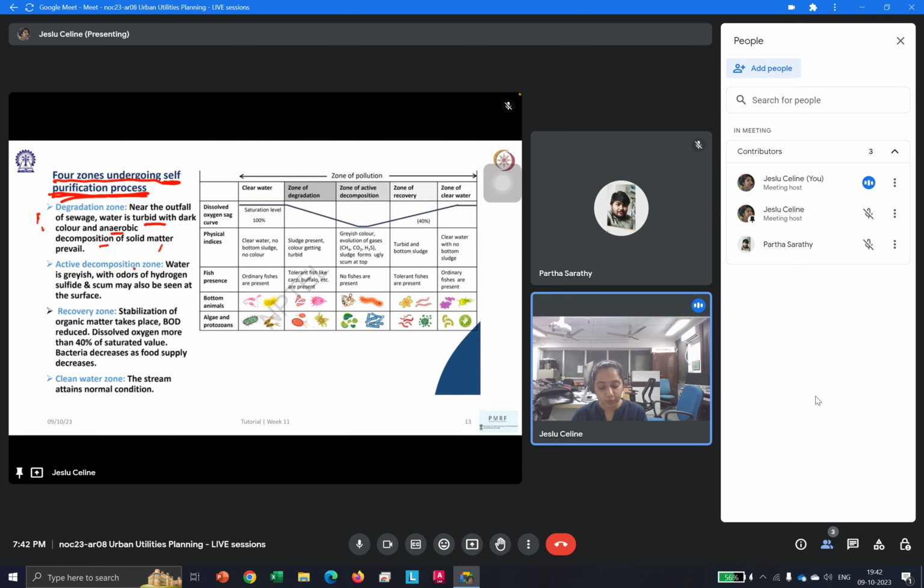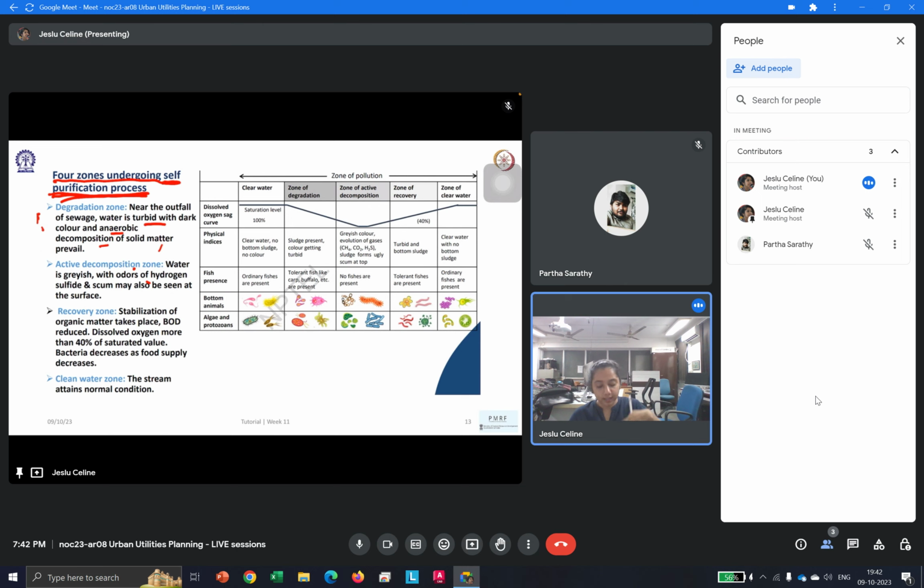Then you have the active decomposition zone, where the whole decomposition happens. If anaerobic conditions prevail, then we can get the odor of hydrogen sulfide. And because of all these floating impurities, there can be scum seen in this zone.